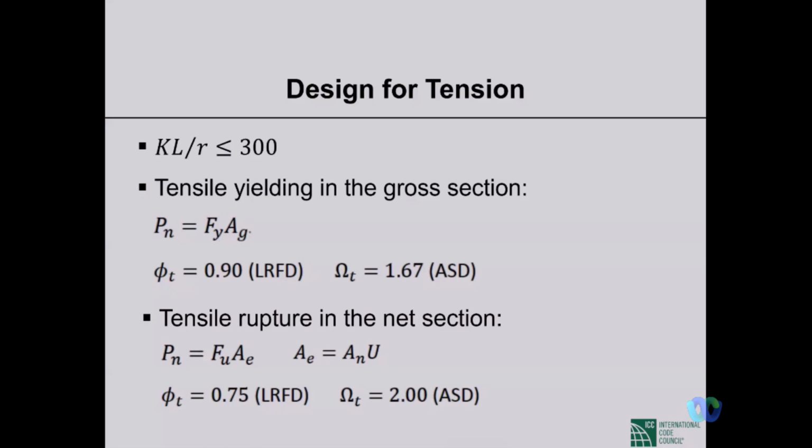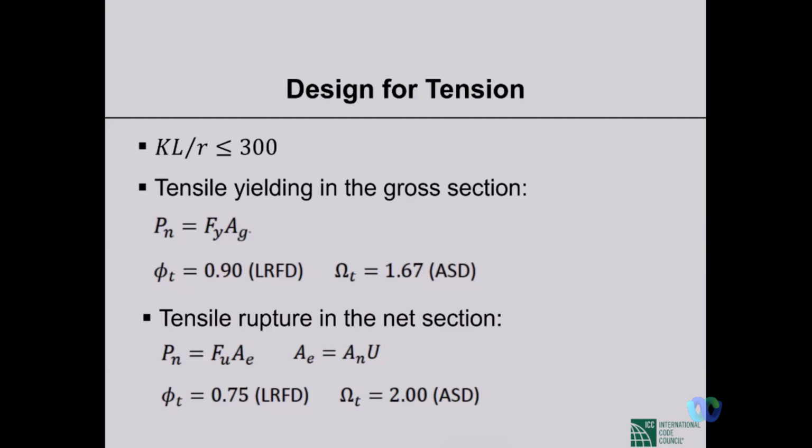In most of the cases, the phi values used for LRFD and omega values used for ASD are mentioned with the formula in the code. So you'll have to be always careful about those factors. For the case of tension, for the check of yielding, phi is 0.9 and omega is 1.67.